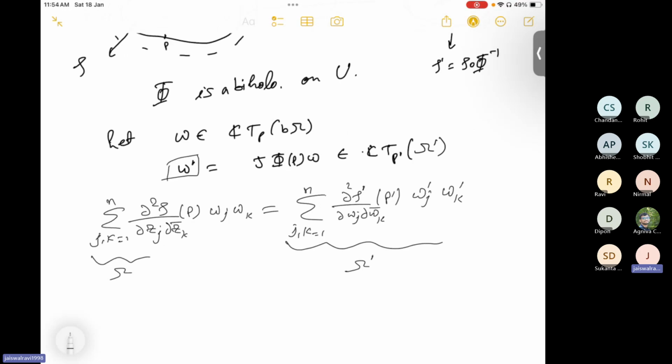So you can see that this Levi form is exactly equal if you restrict to the complex tangential space.